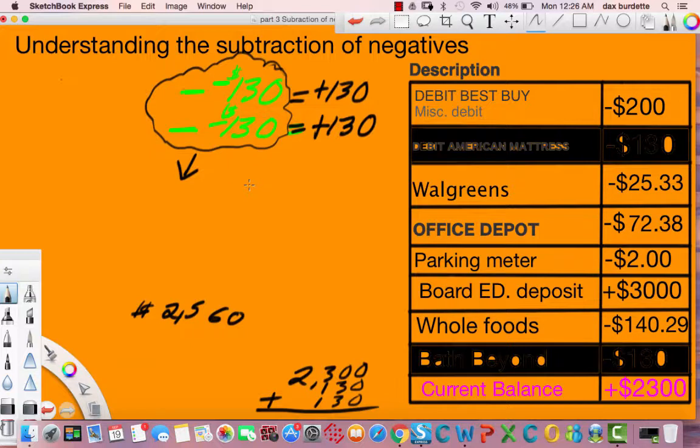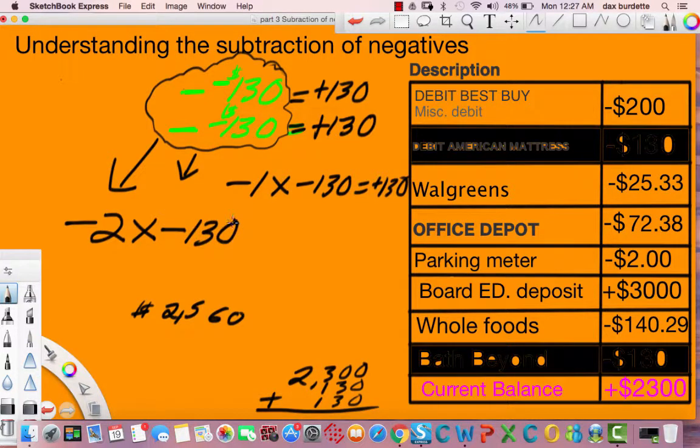So not only did they subtract one of these minus $130 transactions, which gave me back $130, they did it twice. So in essence, they subtracted two of these minus $130 transactions, which means that I got back my $260 that I didn't even spend.